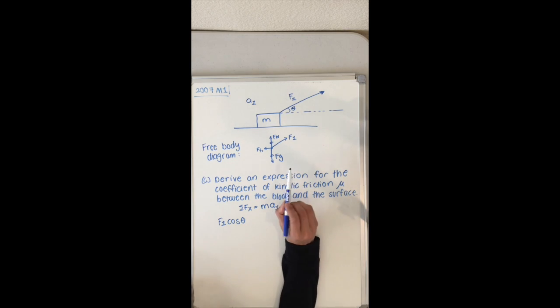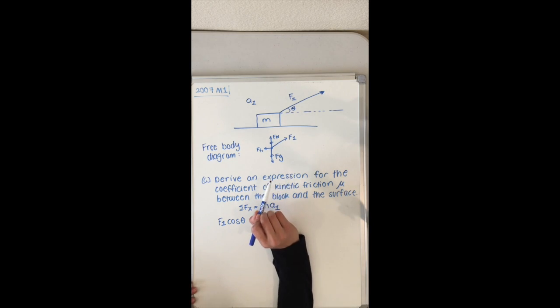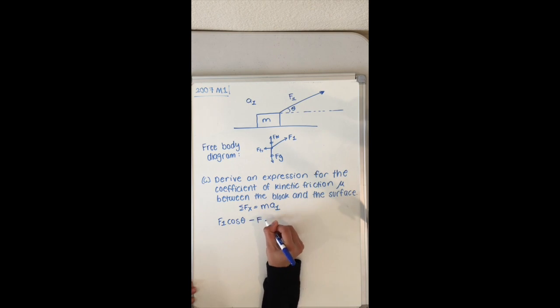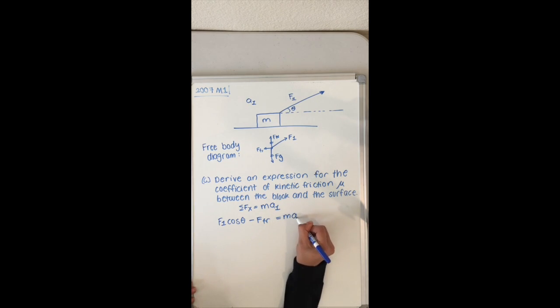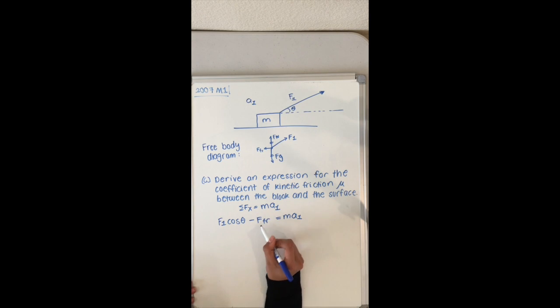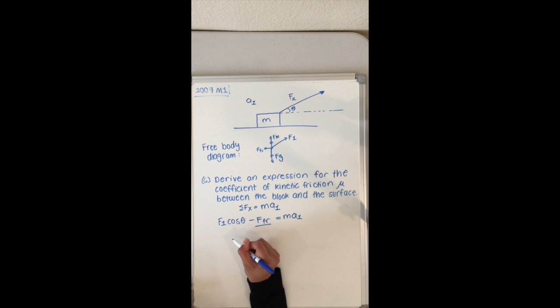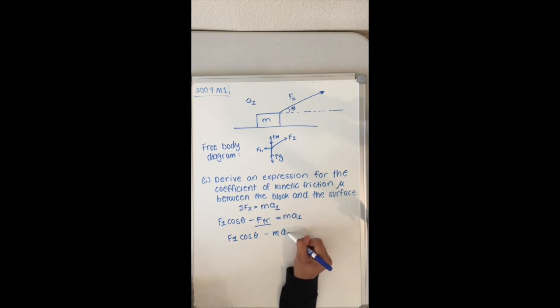And so the forces to the right we can say are positive, and the forces to the left we can say are negative. So we have to subtract the force of friction, and this is all equal to ma1. Now we can rearrange this equation to isolate the force of friction, and we get F1 cosine theta minus ma1 equals the force of friction.